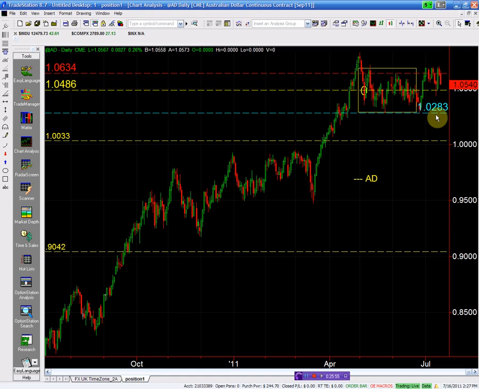So the way we are going now to set up our hierarchy, we're looking at selling the Aussie, number one, and we're probably going to be looking at buying the CAD. All right, we can be looking at buying the dollar.